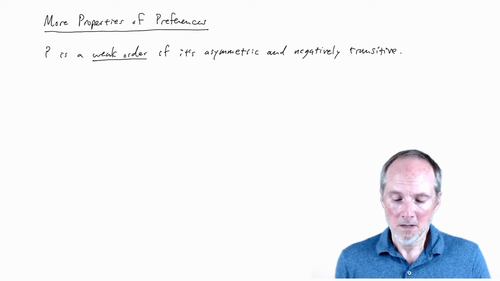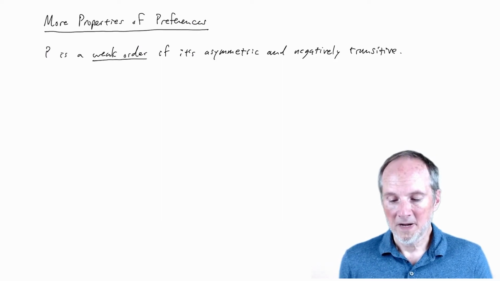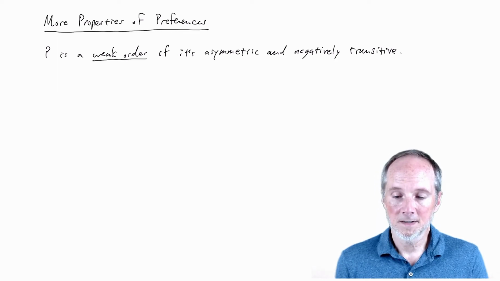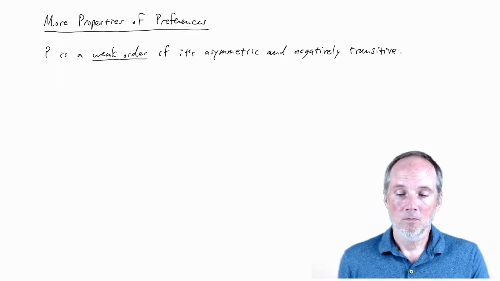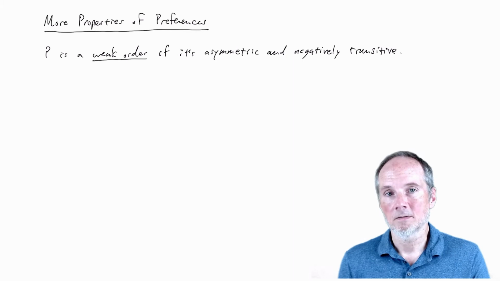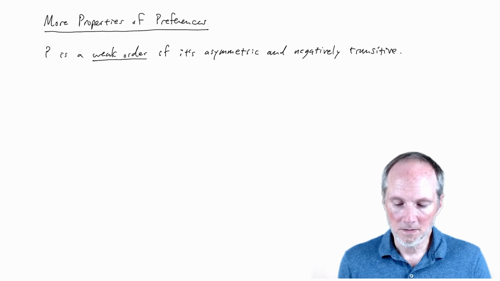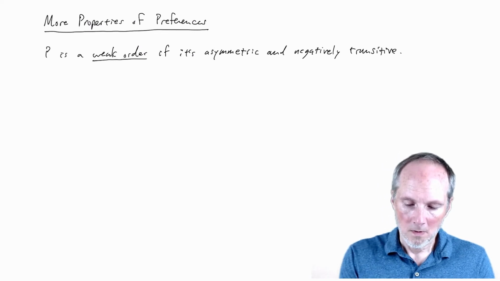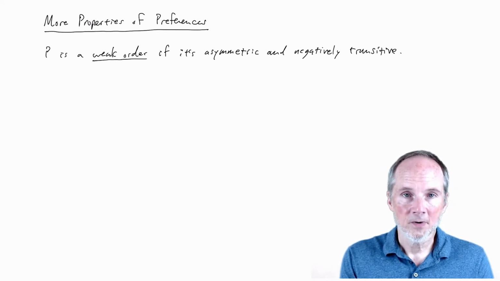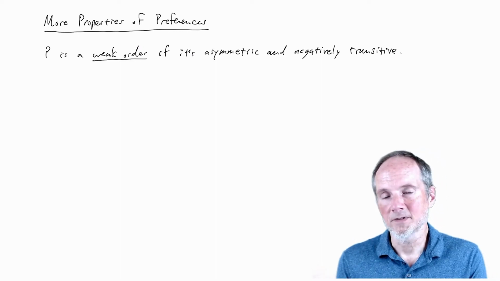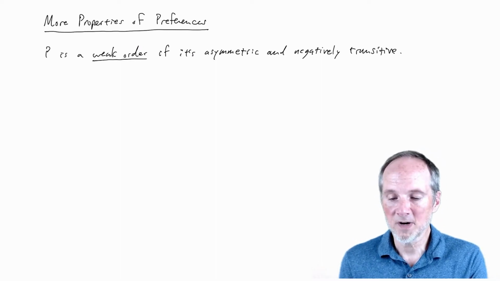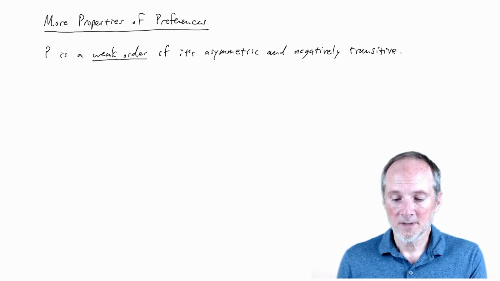Another comparison that you could make is to say that one alternative is at least as good as another, which leaves open the possibility that they're equally good. So in that case, we're going to call that a weak preference instead of a strict. A weak preference leaves open the possibility that two alternatives are equally good.